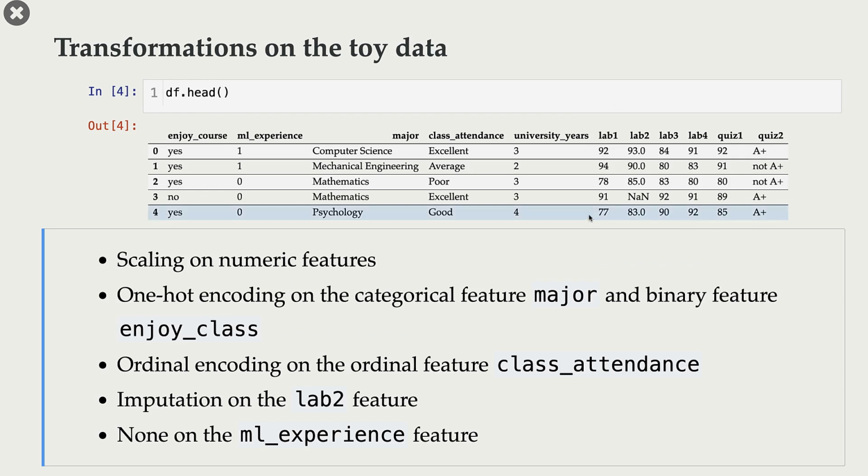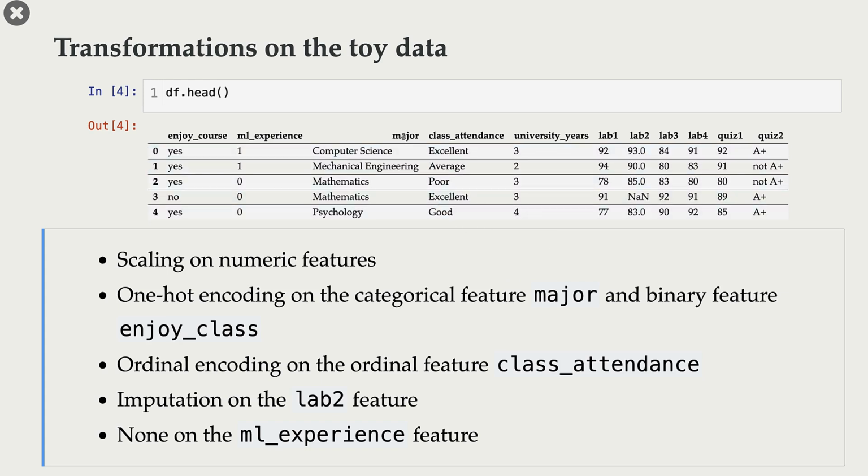First, we have all these numeric features: this university years, and all these lab and quiz 1 features are all numeric features. And we see that the scales of this university years feature versus all these labs and quiz 1 grade features are quite different. So we want to apply scaling on numeric features.